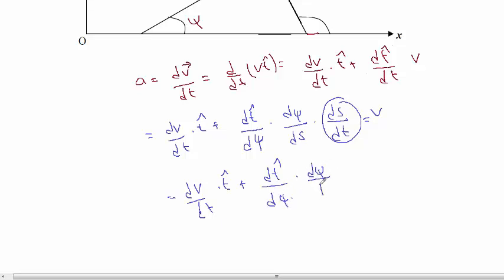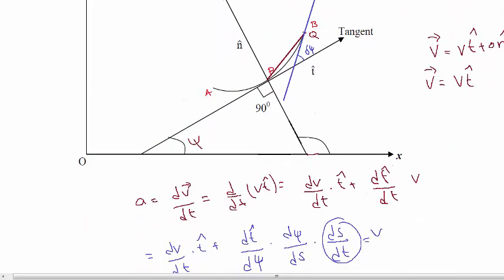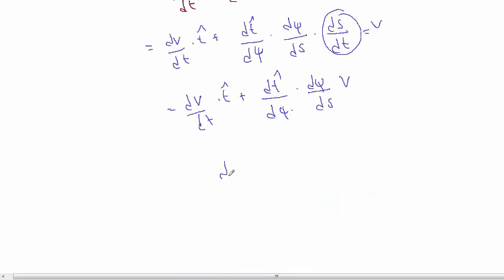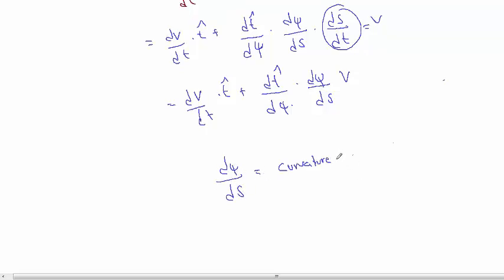over ds and v. Now d psi by ds is actually the change of angle with respect to this change of distance. So we can write d psi by ds is equal to curvature, where k can be written as 1 over rho, so that d psi by ds times v is 1 over rho v.